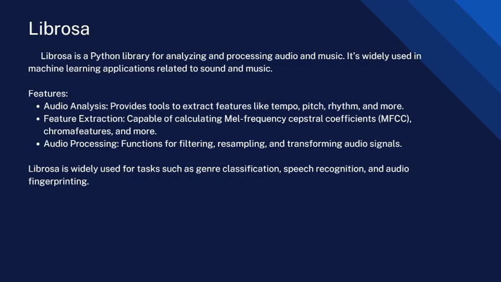It provides tools to extract features like tempo, pitch, rhythm, wavelength, frequency, etc. Feature extraction, capable of calculating Mel-frequency cepstral coefficients, MFCC, chroma features, and more. Audio processing, functions for filtering, resampling, and transforming audio signals. Librosa is widely used for tasks such as genre classification, speech recognition, and audio fingerprinting.